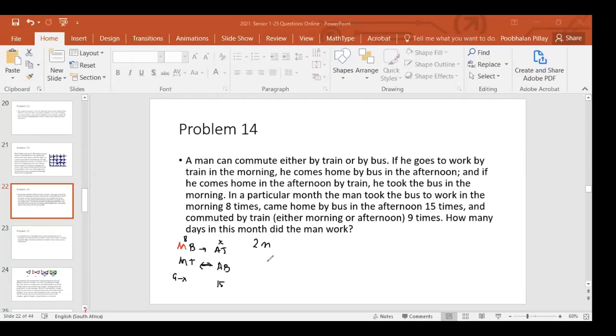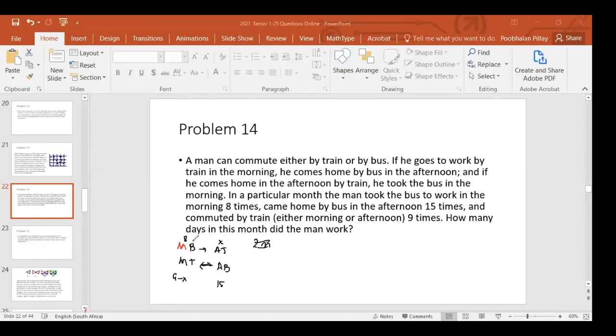Okay. So the total number of days that he has traveled will be, oh yeah, now I can see what's going on. So how many trips does it make altogether? Okay. Right.